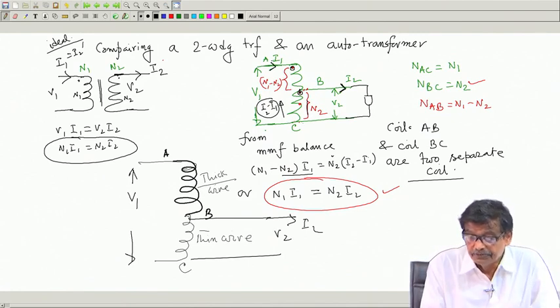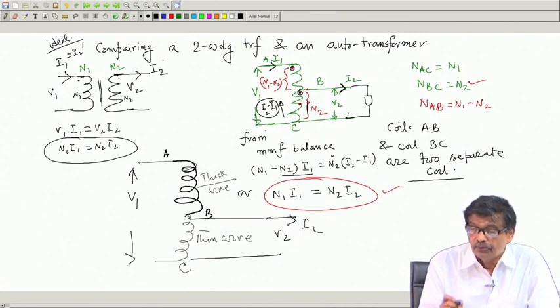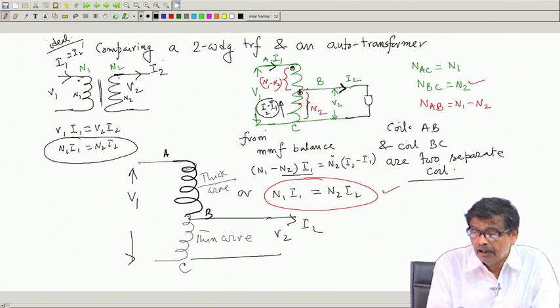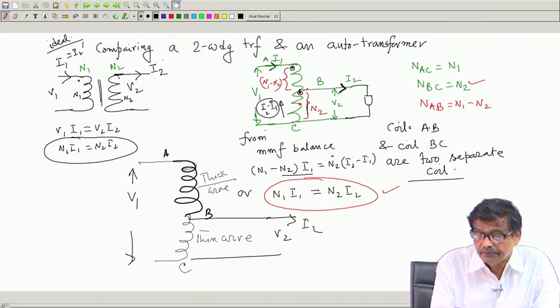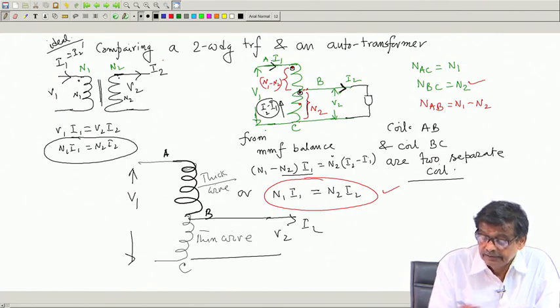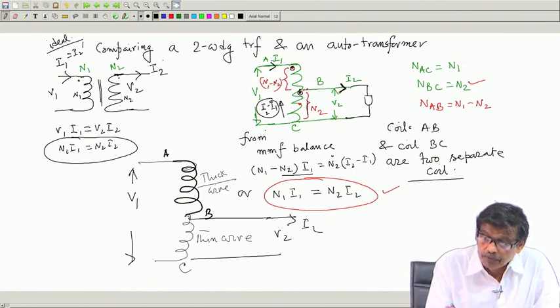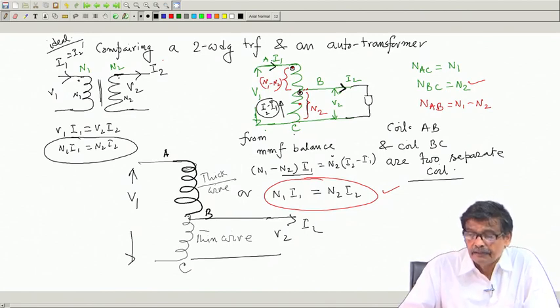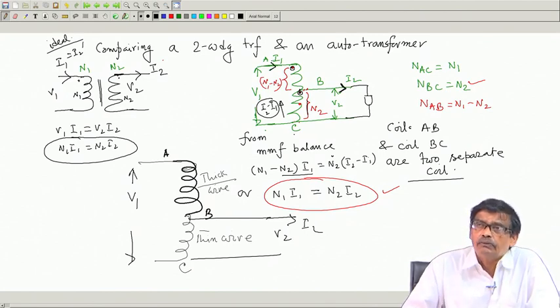But looking carefully here, if this current is I2 and this current is I1, then the current in the common portion BC is the difference of these two currents, and the currents, as you know, are in phase.